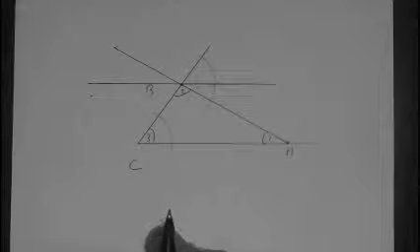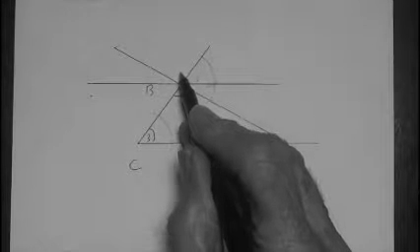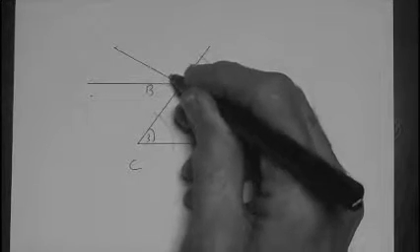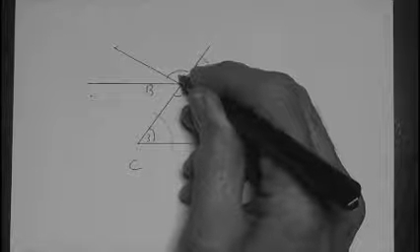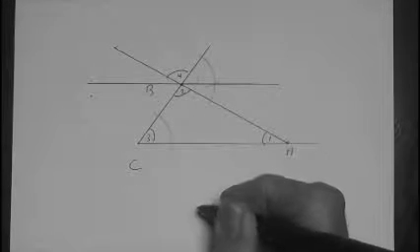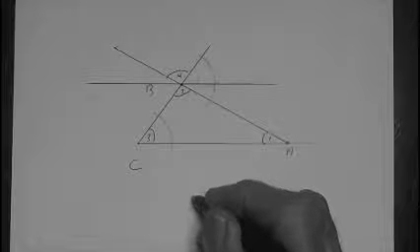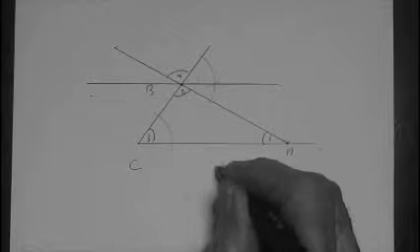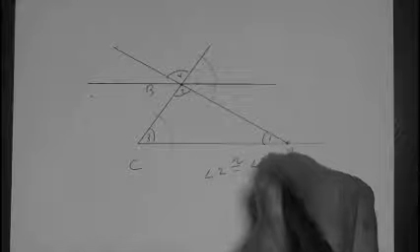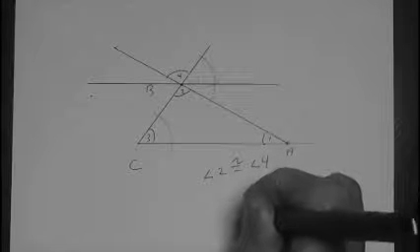Alrighty. Well, did you notice something here? I've got a vertical angle here. So this angle here, across here, angle 4, is going to be congruent to angle 2 because the vertical angles are congruent. So let me just make a note of that. Angle 2 is congruent to angle 4.